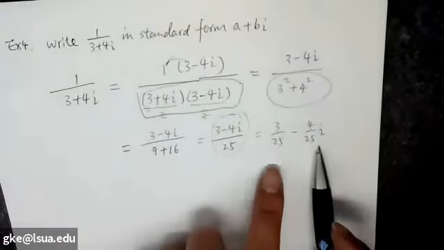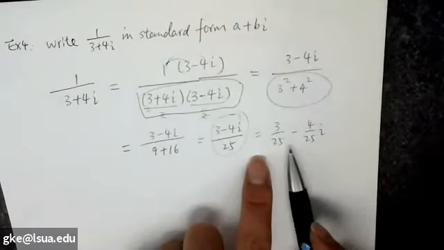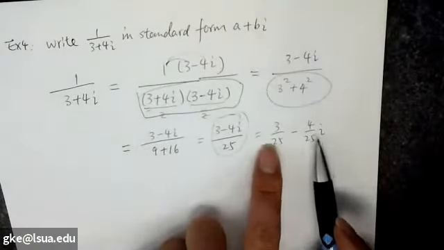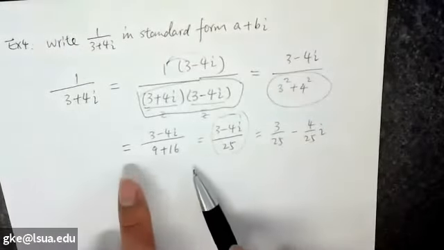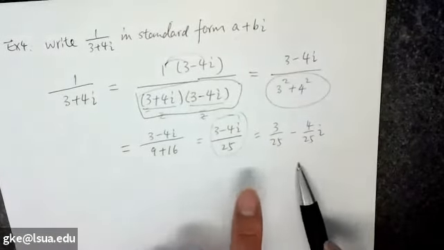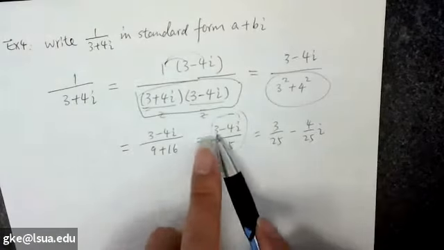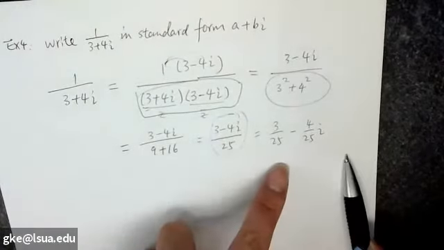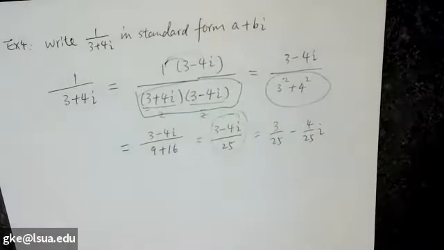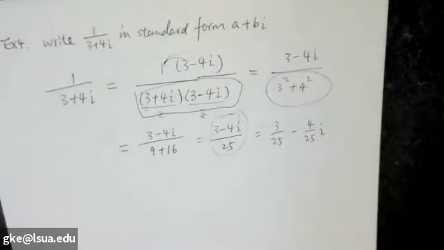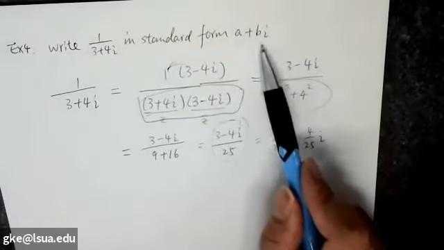Usually what you do is use a common denominator, do the subtraction, right? Now it's a reverse process. I want to spread these two terms. Okay? Clear to you? Very good. Now we get a very standard form, that is a plus bi.